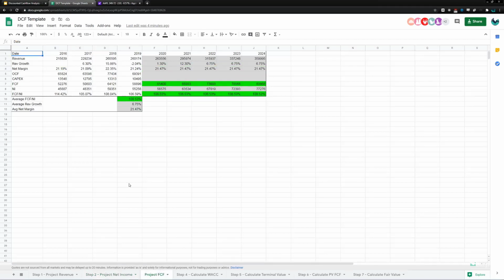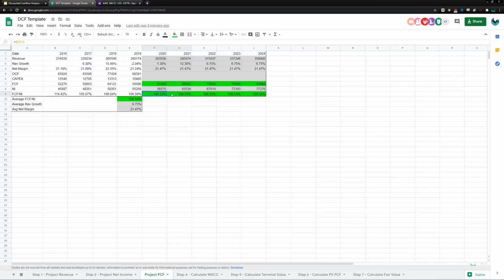So if we move on to the next tab, remember that we have this 108.53. We now have our revenues projected. We have our estimated net margins going into 2024. Then we also have our projected net incomes based off of those margins.